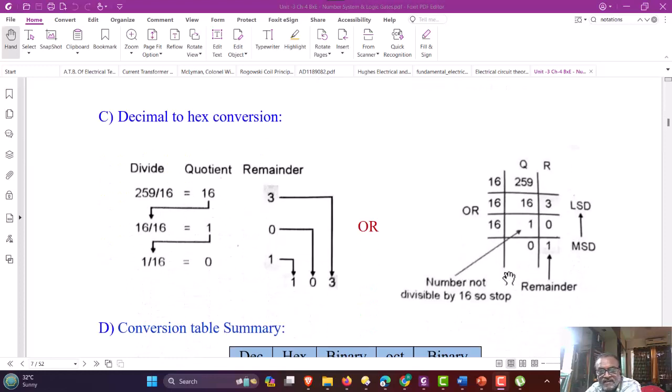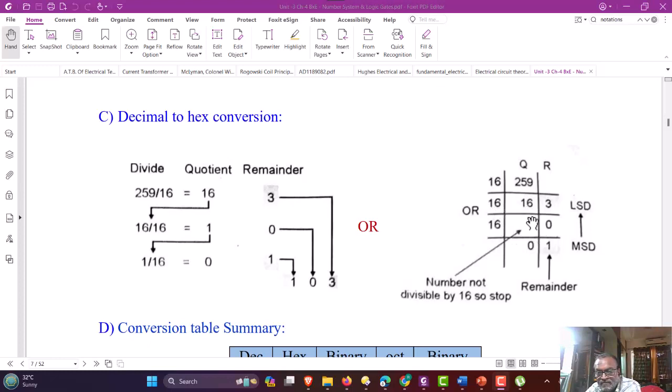Similarly, decimal to hexadecimal conversion. Here again in this method, the number given is 259. We divide it by 16, since the base of the hexadecimal system is 16. So 259 by 16: the quotient is 16 and remainder is 3. Then this 16 is divided again by 16.